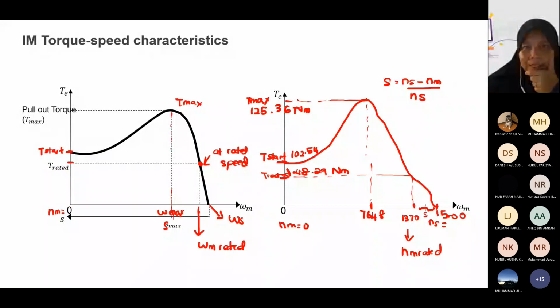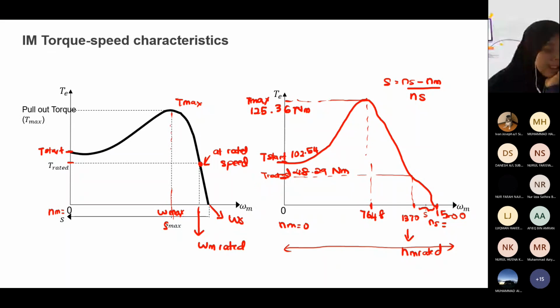Kalau slip at starting, 1500 minus 0, dapat the slip at starting. So this is how to label your induction motor characteristic, and we already calculated all these values previously. Kita dah dapat semua this value, then you dah tahu how to apply which formula in order to calculate all this value.